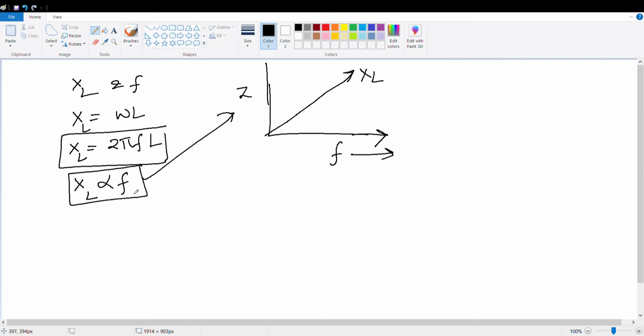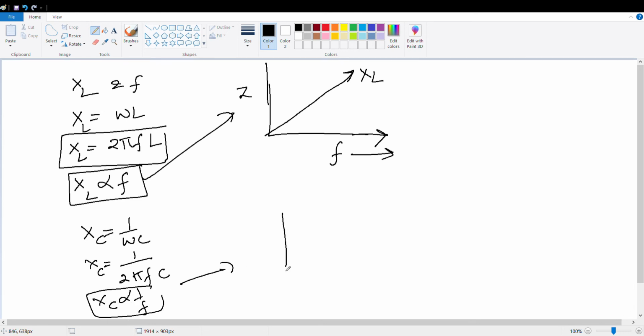Yes, sir. Next, XC is equal to 1 by omega C, yes or no? Or XC is equal to 1 by 2 pi F C. That means your XC and F are inversely proportional. So what is the graph for this one? It is like this. Yes or no?